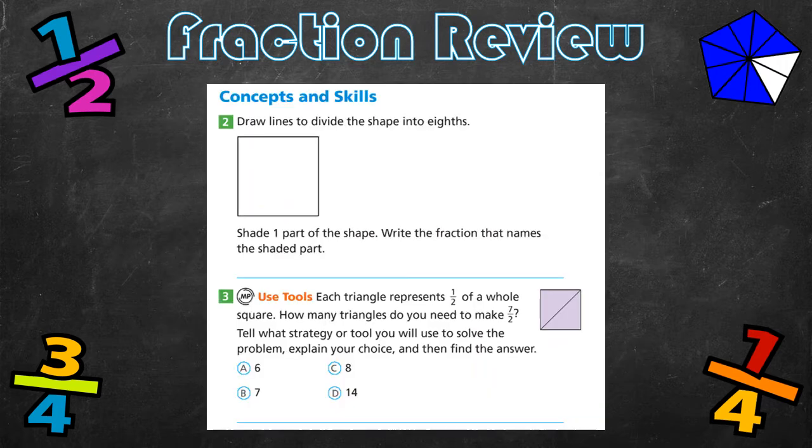Concepts and skills. Number 2, draw lines to divide the shape into eighths. Okay. The most important part, boys and girls, is that when you're dividing your shape, you're making sure there's equal parts. So I like to divide it in half because then I know that each side has to have 4 parts.